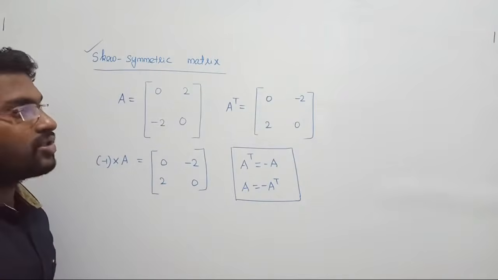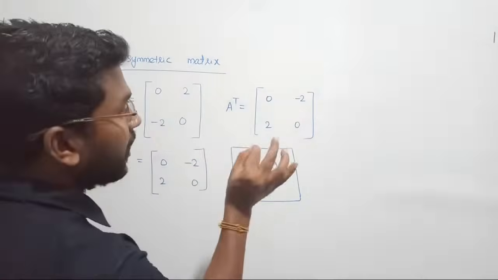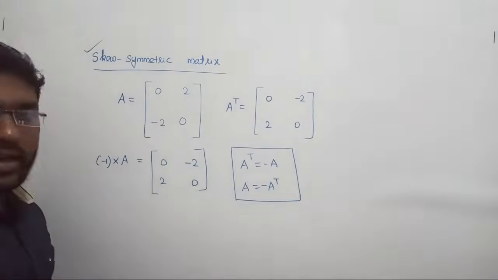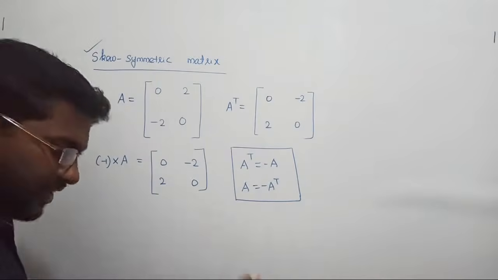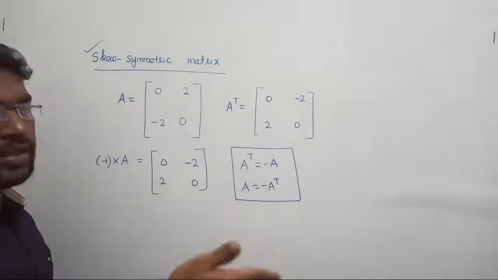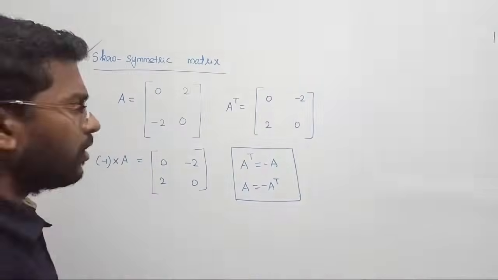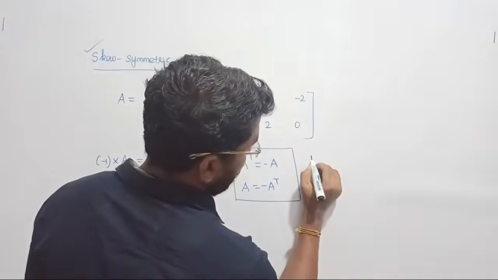Now, if you are finding the determinant for this skew symmetric matrix, soon after completing the classification I am going to talk about the determinant, and then about the rank of the matrix. Let's see the determinant of this matrix.